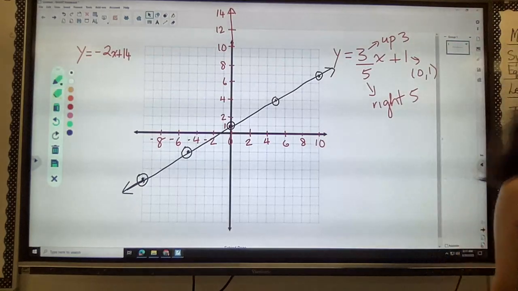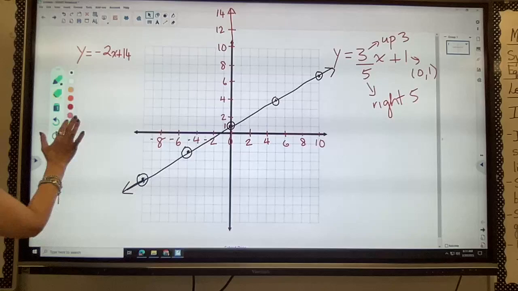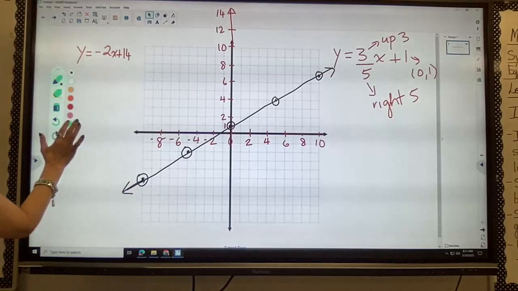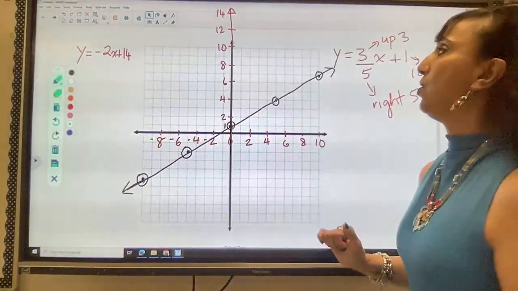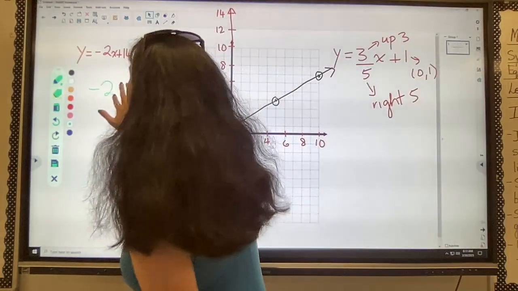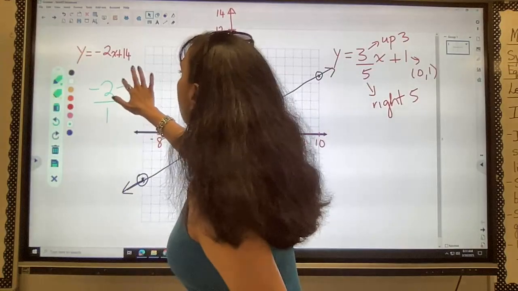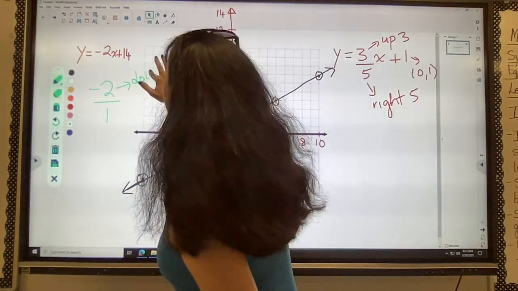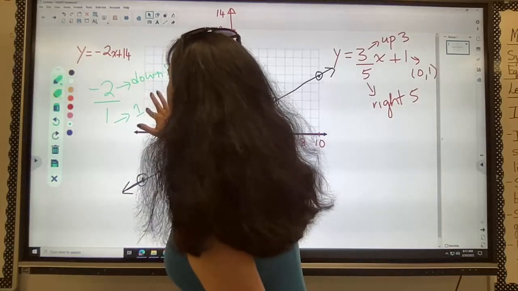Now let me go ahead and graph the second line, and I'm going to do that with green. Looking at the second one, my slope is negative 2 over 1. So this is going to be down 2 and 1 right.